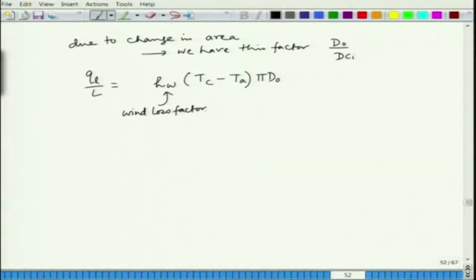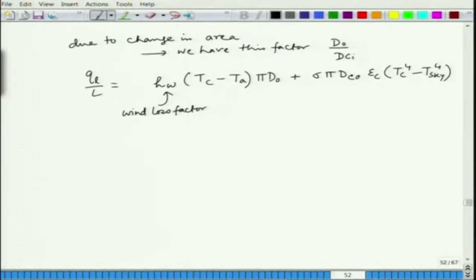This is nothing but the coefficient of heat transfer due to wind, because the cover is losing heat to the ambient because of the wind flow, right, and the other part will be the radiative part, and here we have d c o, that means the outer diameter of the cover tube, multiplied by the emissivity of the cover material, multiplied by the 4th power of cover temperature, absolute temperature, minus the effective sky temperature raised to the power 4.